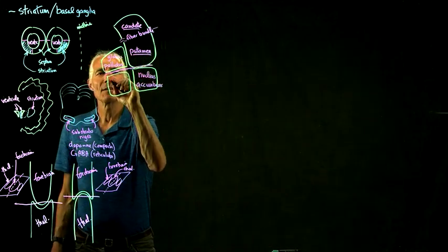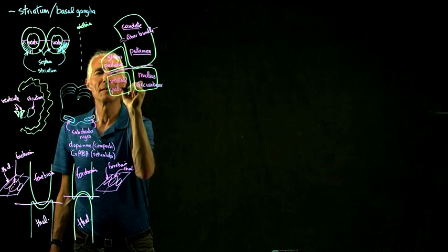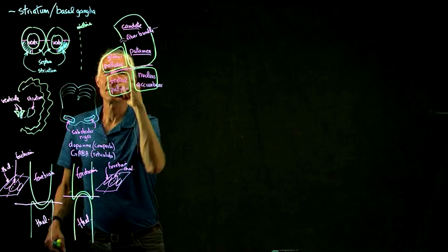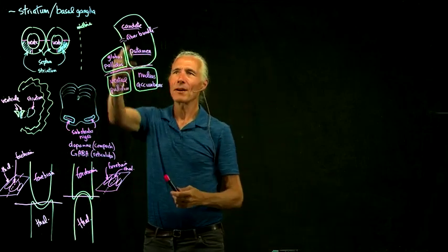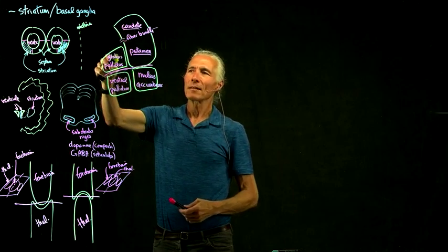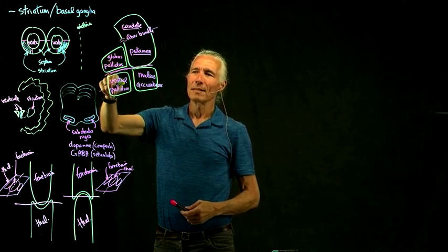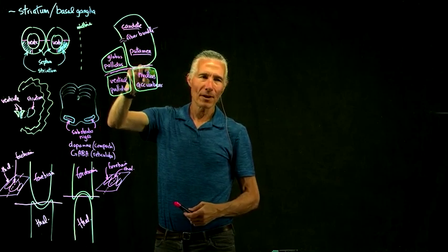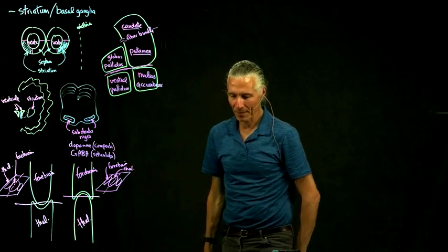And this guy is called the ventral pallidum. So those are some of the ones we'll talk about. So the caudate and putamen are basically the same thing, just separated by this bundle. The putamen and caudate project to the globus pallidus. Then you've got a parallel set of things, the nucleus accumbens and the ventral pallidum.